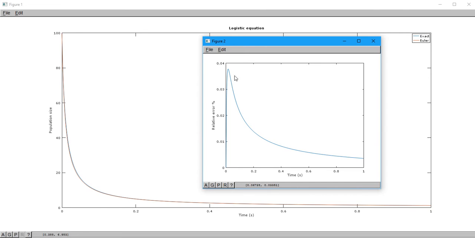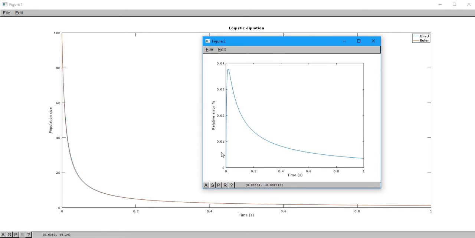We can see that the relative error percentage is less than 0.04%, which is quite a good approximation. It really depends on how accurate you want to get, but a general rule of thumb for engineering and science is that anything below 0.1% error is really good and is quite useful. So I would say at this point this is probably good enough for us.